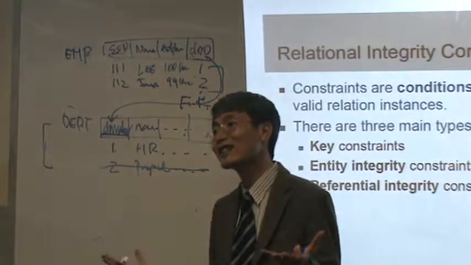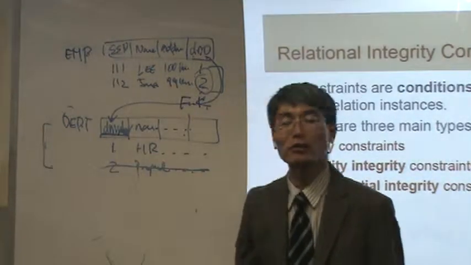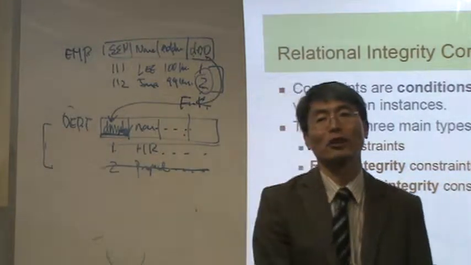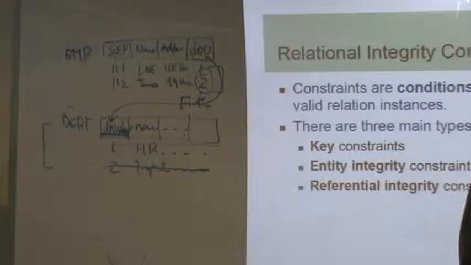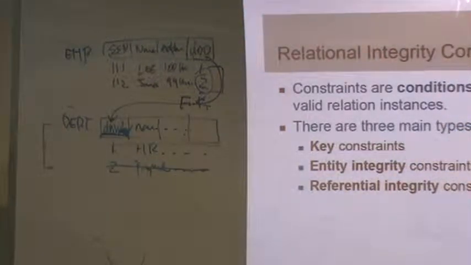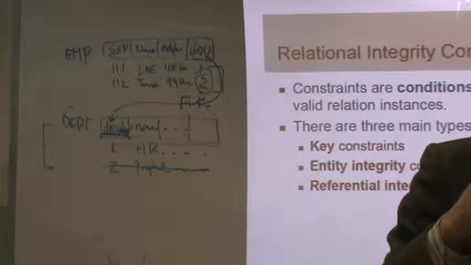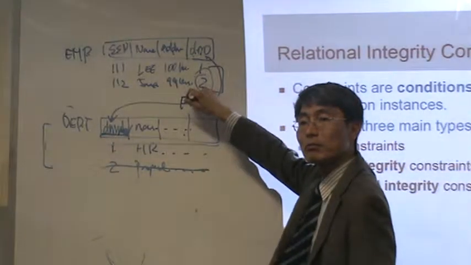Does it make sense? I'm working for the HR department, but somebody deletes the HR department, so I have nowhere to work. So we cannot guarantee such a database constraint without such a foreign key relationship.